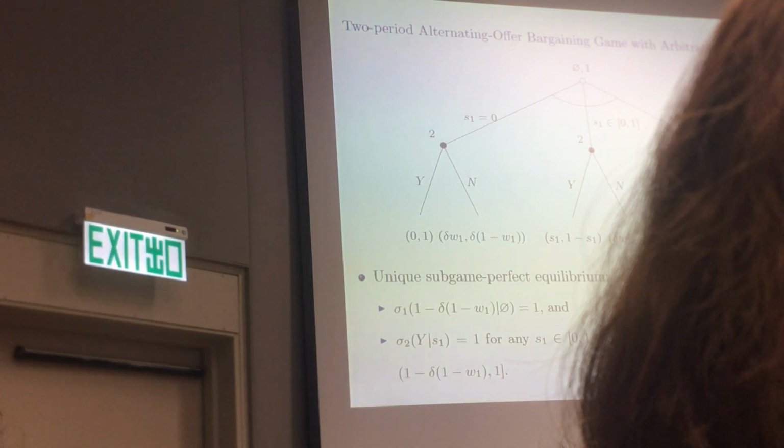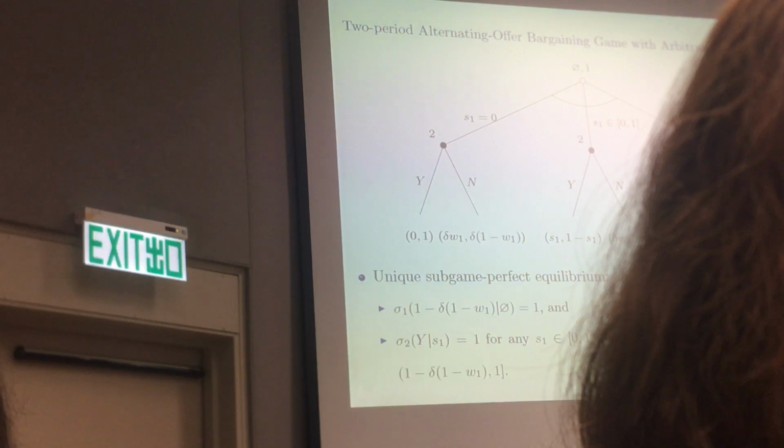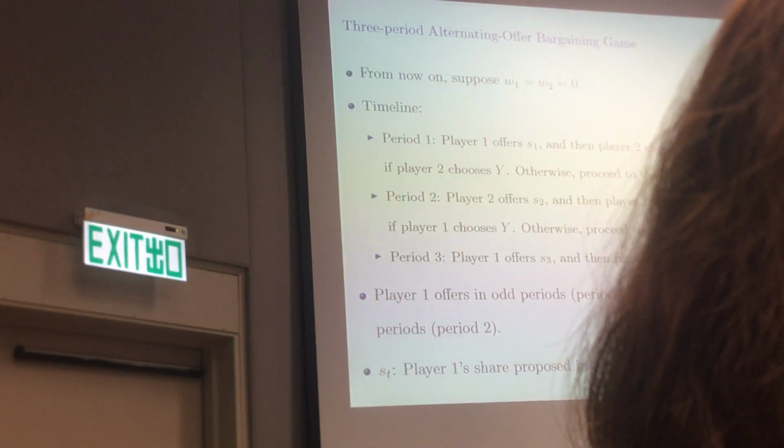For all cases, as long as the number of periods is finite, anticipating what happens in the future, both players make an agreement in the first period immediately. Because at the end of the day, they just have to play some game equivalent to the ultimatum bargaining game in the first period, and we know that in that game, player 1 and player 2 always make a deal.